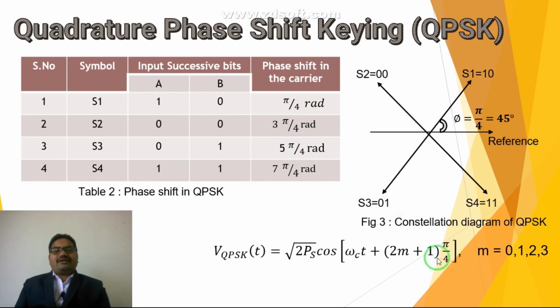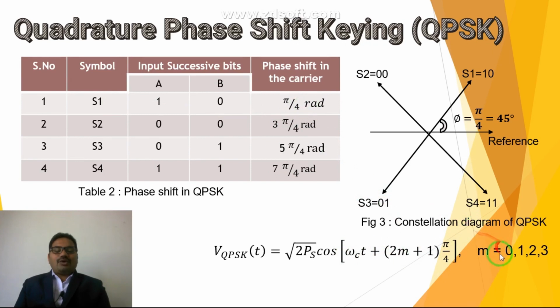Over here, m could be 0, 1, 2, or 3, because there are 4 possible symbols, S1 to S4. If you put m equal to 0, what equation would you get? Since it is 0, you would get omega c t plus pi by 4. That is your symbol S1.